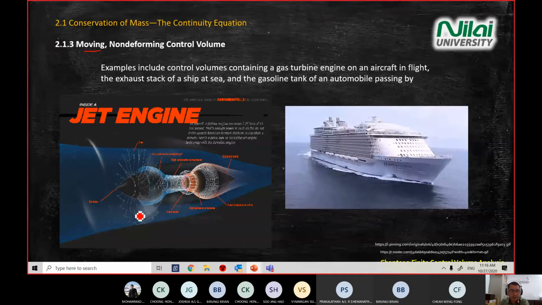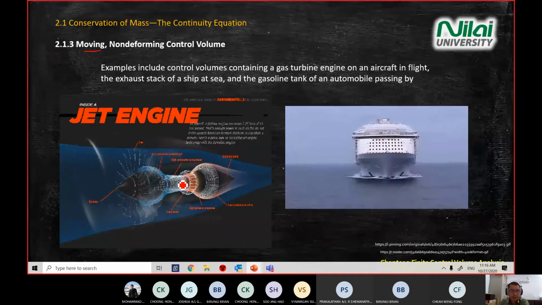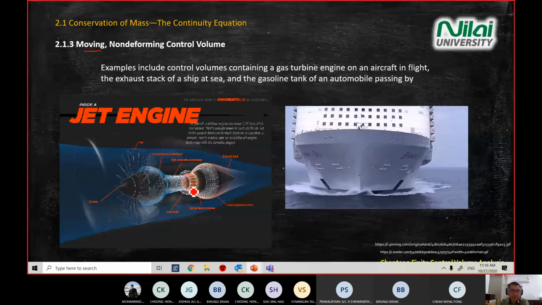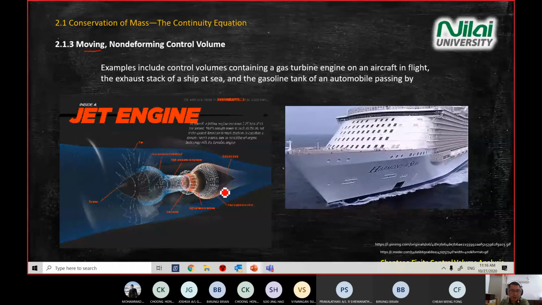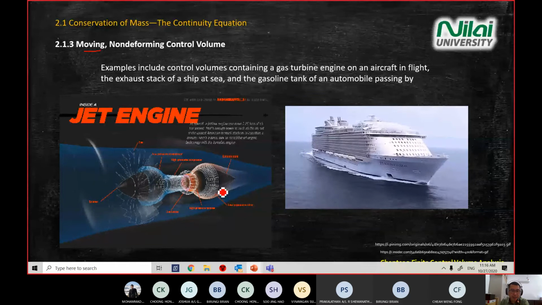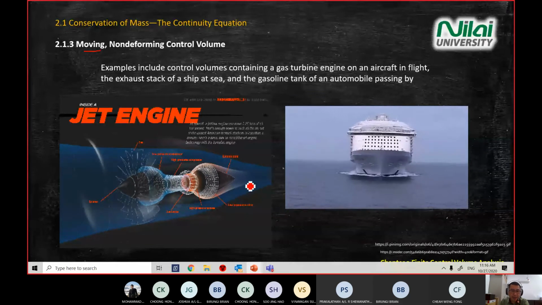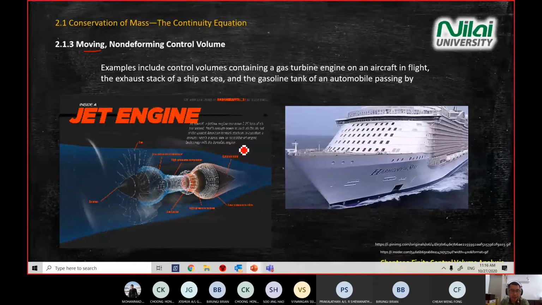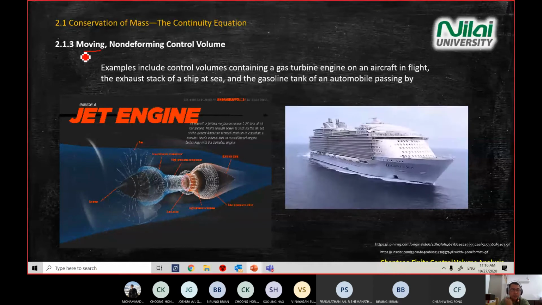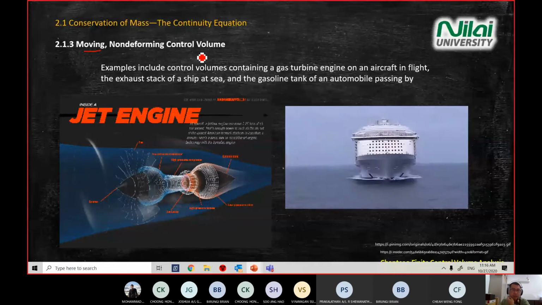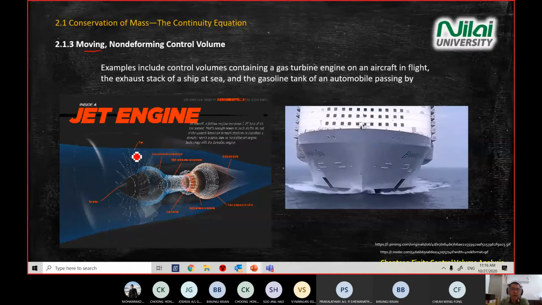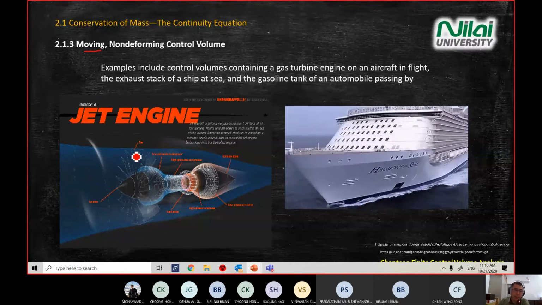From this area, your A changes to a smaller A, and then combustion changes the A again into the afterburner or second compression. Then you will change area again. So we are looking at this kind of case now, moving non-deforming control volume. When we have this kind of scenario, how do we deal with it?